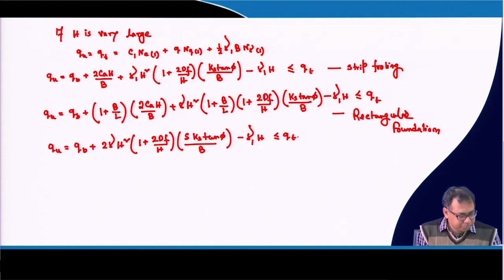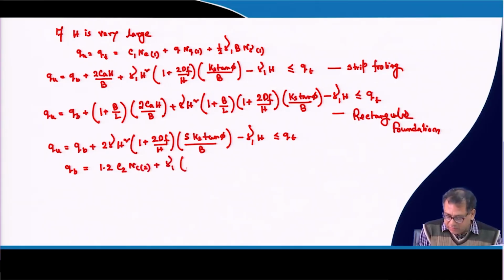Now, here your qb will be equal to 1.2 c2 Nc2 plus gamma 1 (Df plus H) for phi equal to 0 degree, and qt will be equal to, that is for the top layer.